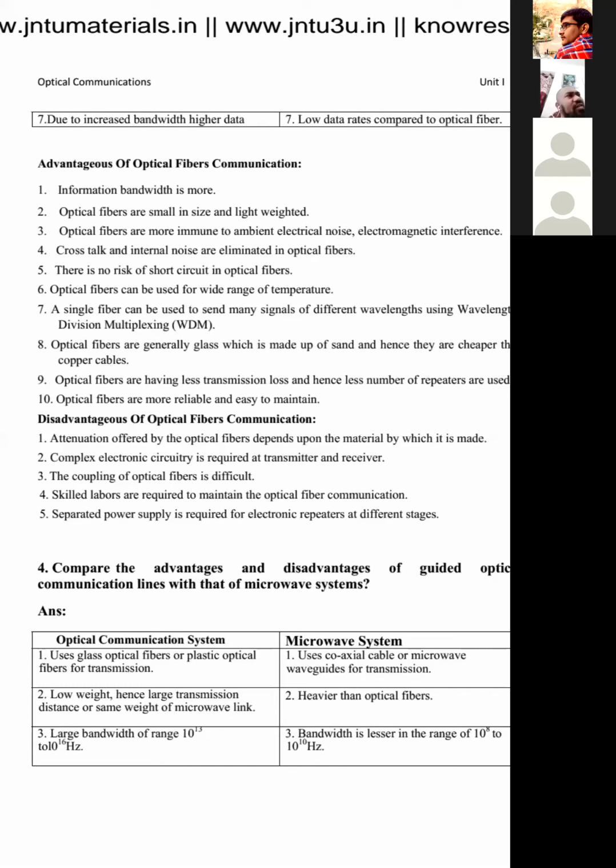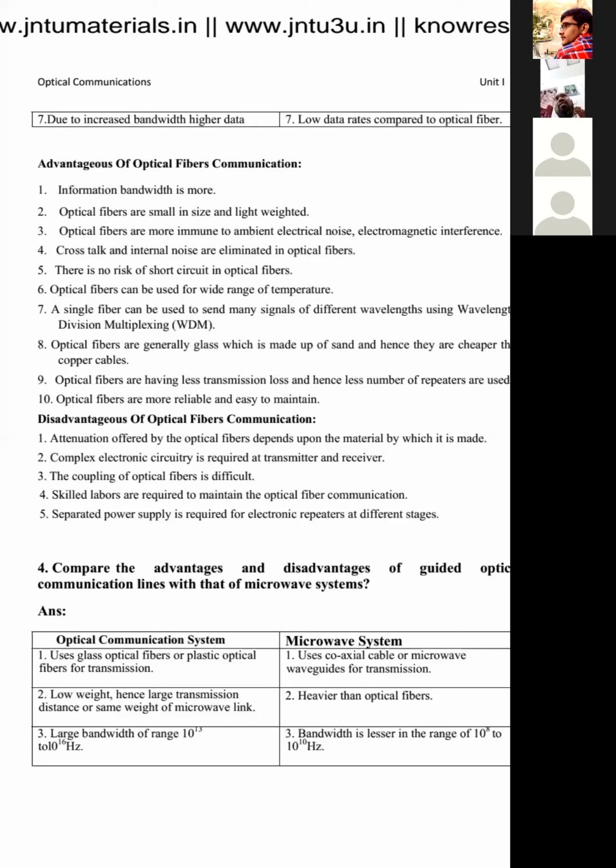Now, I would like to say some of the disadvantages of optical fibers also. They suffer from attenuation. You have clearly studied in the second unit about attenuation caused in optical fibers.